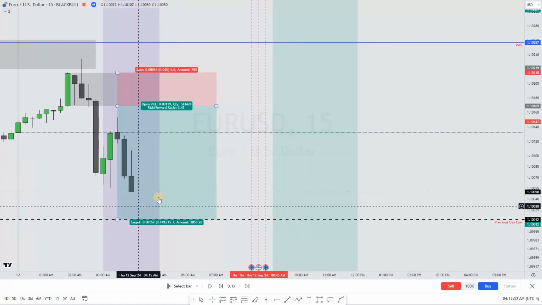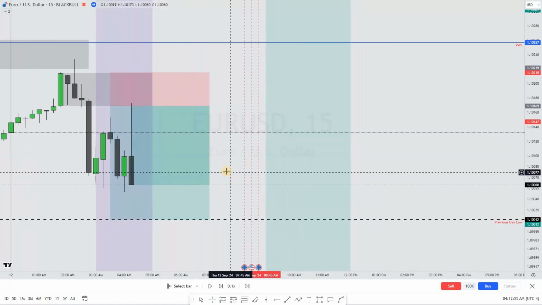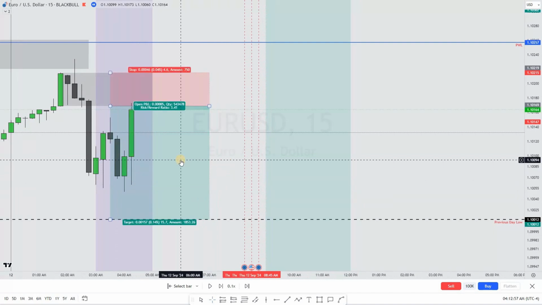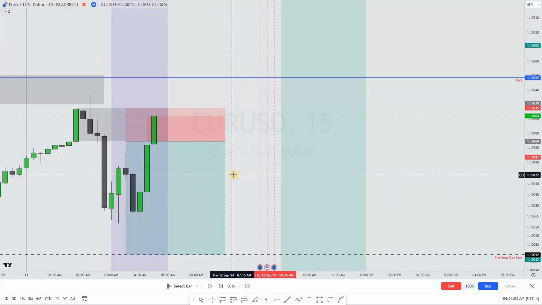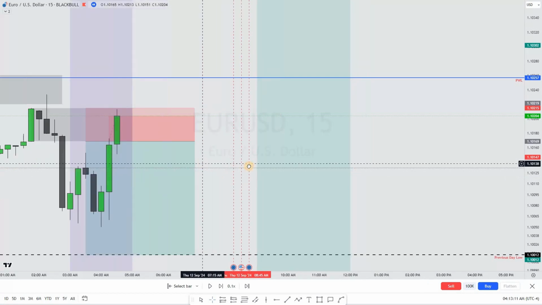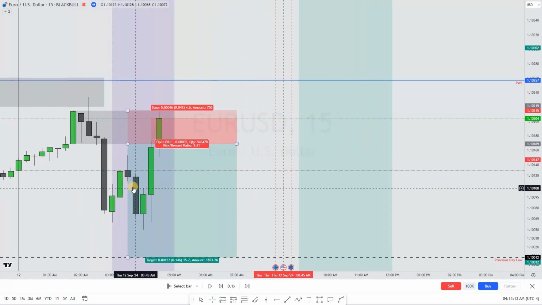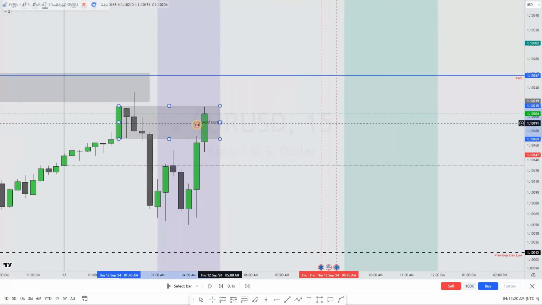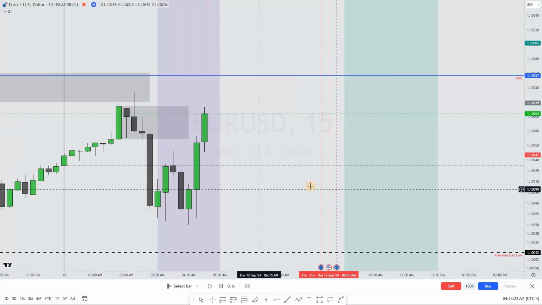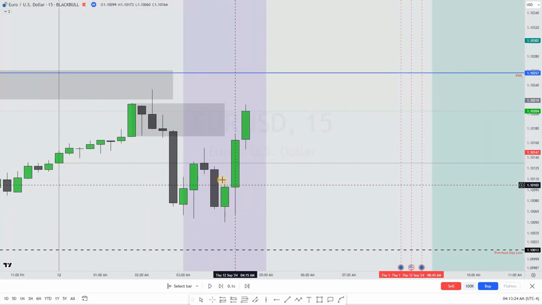But as you can see, price was moving without me. Sorry, I had a brain fog there. I didn't take this trade, and the reason was this candle over here.